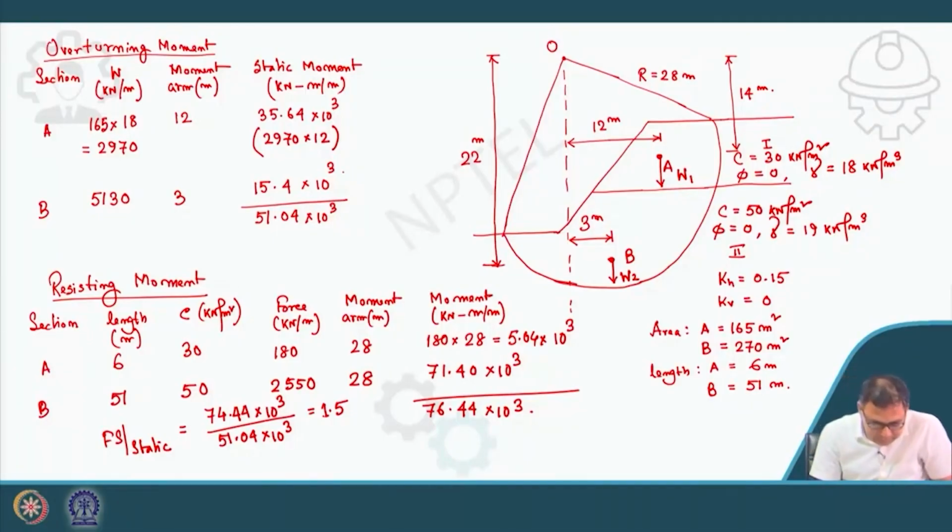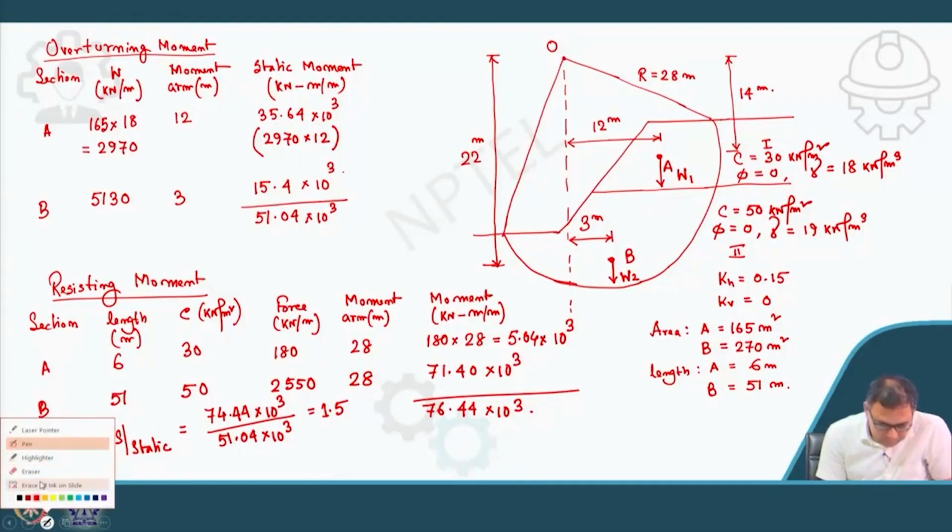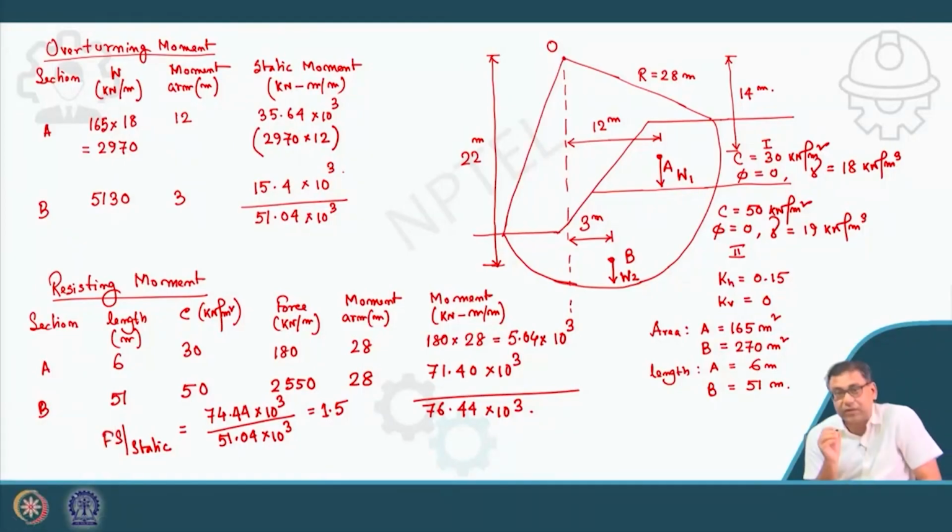Now we will do the seismic analysis here, and we will incorporate the seismic forces. How will you incorporate that? Because your kV is equal to 0. kV is taken as 0. So the vertical component FV, that we will not consider because kV is 0.